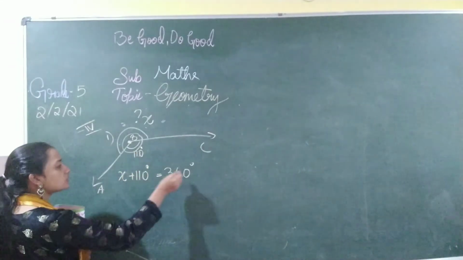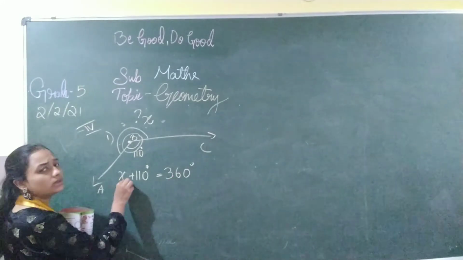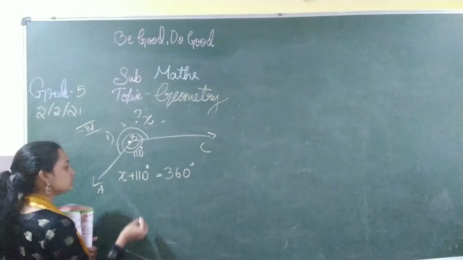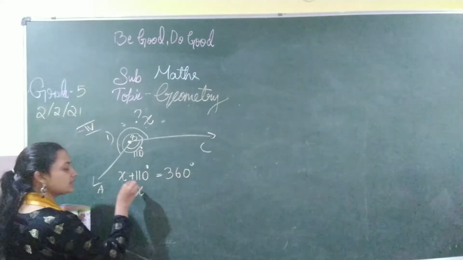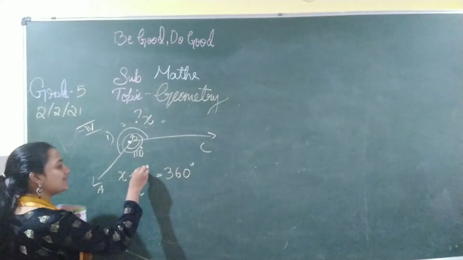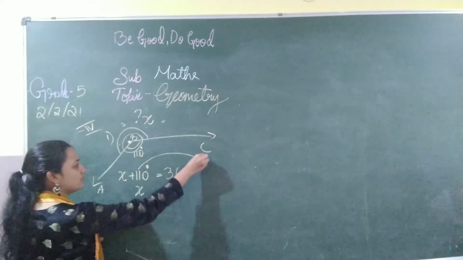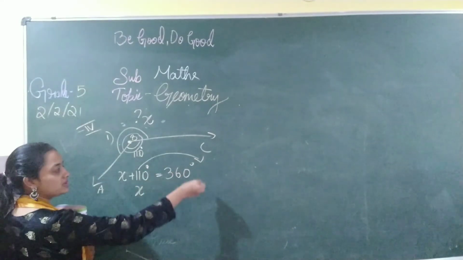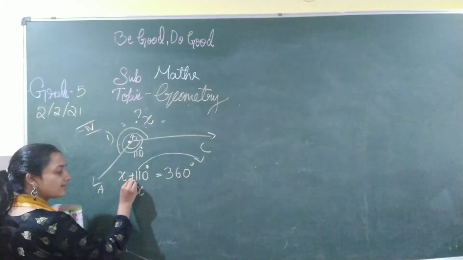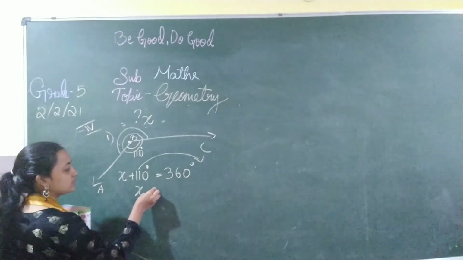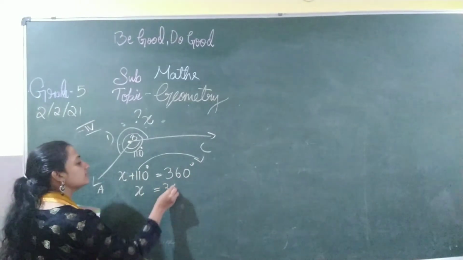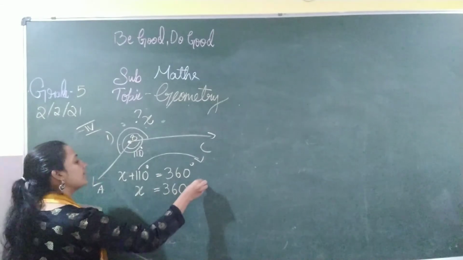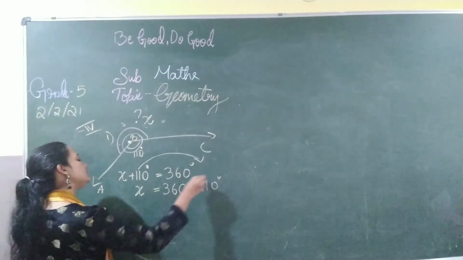When I add these 2, I should get 360. But I don't know what x is. So what I should do is, I'll keep my x on my left side and send this 110 degree to my right side. When I am sending it to the right side of the equal sign, if it is plus, it becomes minus on the other side. That is 360 degree minus 110 degree.